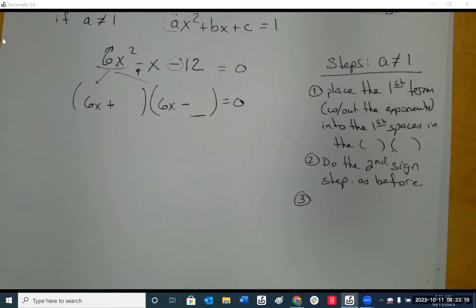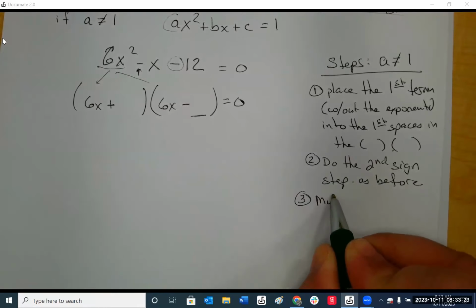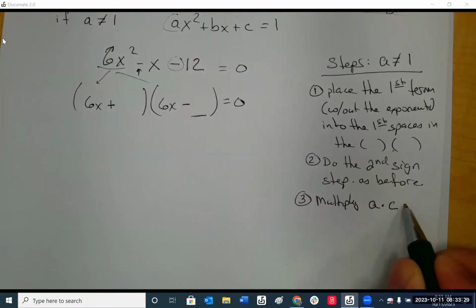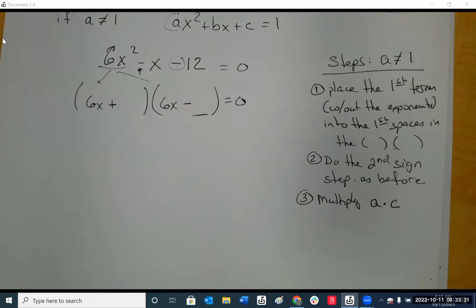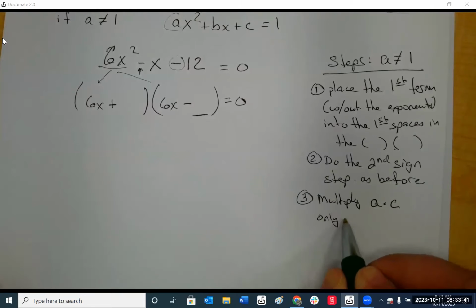Third step. Multiply the A times the C terms, or just the absolute values. We don't need signs, only the numbers.